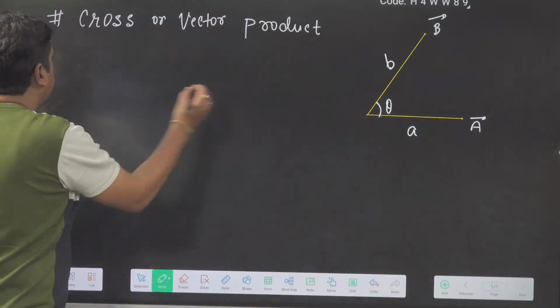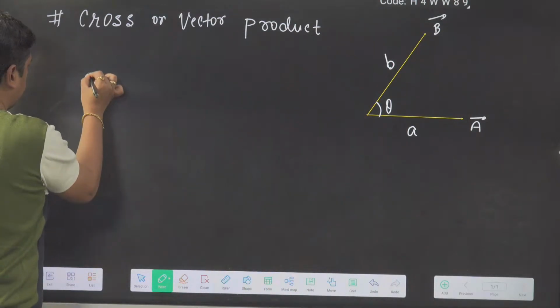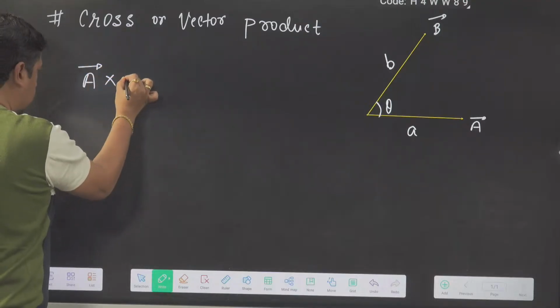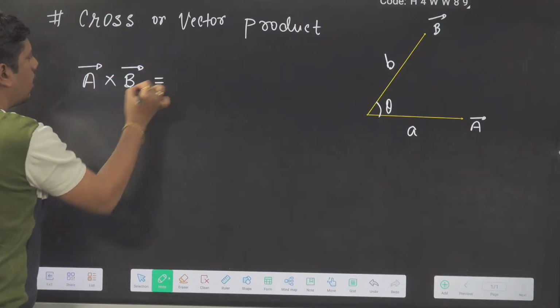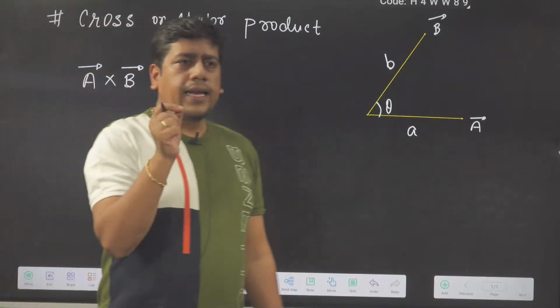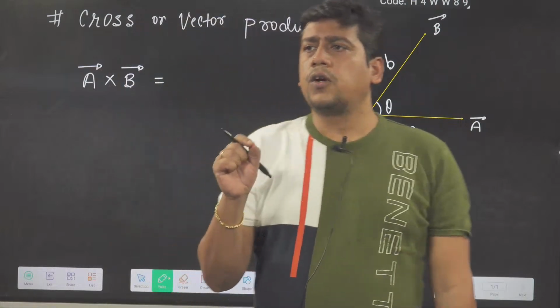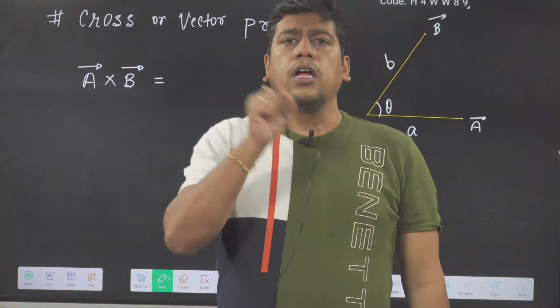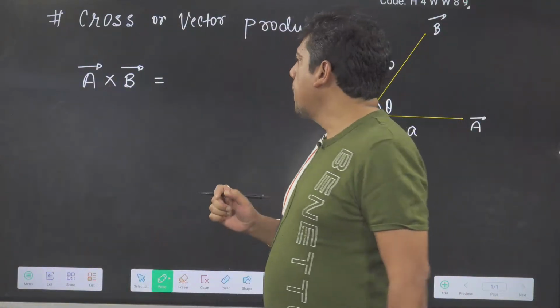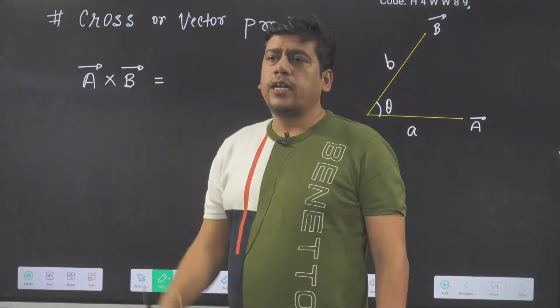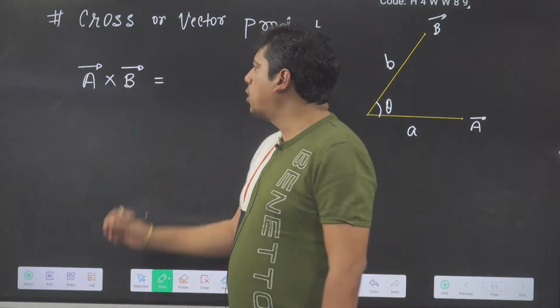Then cross product is written as A cross B. है ना? Dot product, A vector dot B vector, cross product, A vector cross B vector. ठीक है? But it is going to be a vector quantity.